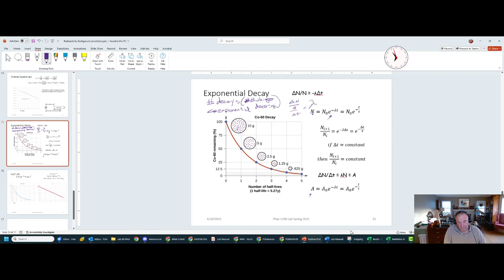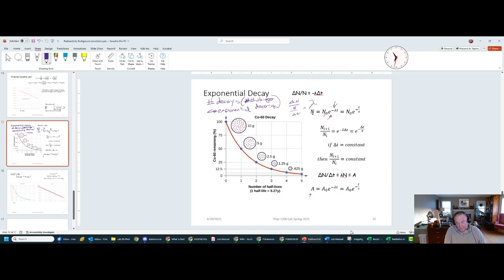If these things were leaving out of a gate, so they had to wait their turn, then it would go down linearly. But because a certain number are going to decay here as a function of how many are actually there, and then a certain number here are going to decay as a fraction over there, and that's constant each time. But the number that decay gets smaller and smaller, of course, because the number that are there is smaller. And that's where you get this exponential.